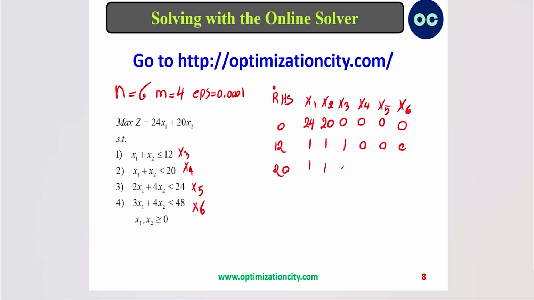1, 1, 0, 1, 0, 0. Right hand side for the third constraint 24: 2, 4, 0, 0, 1, 0.